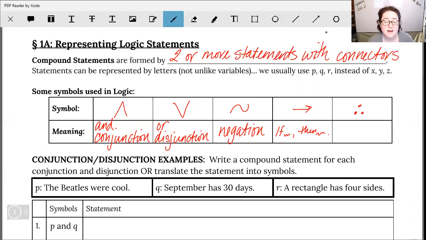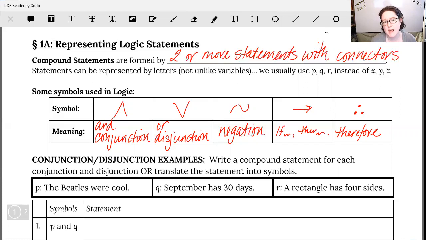We'll use that a lot more when we start looking at whether we have true statements or what kind of proof we can do with those statements. We'll come back to that in another video, but those three dots mean therefore. So in context, we have the statement, therefore, we know this other statement is true. So let's look at conjunction and disjunction examples first.